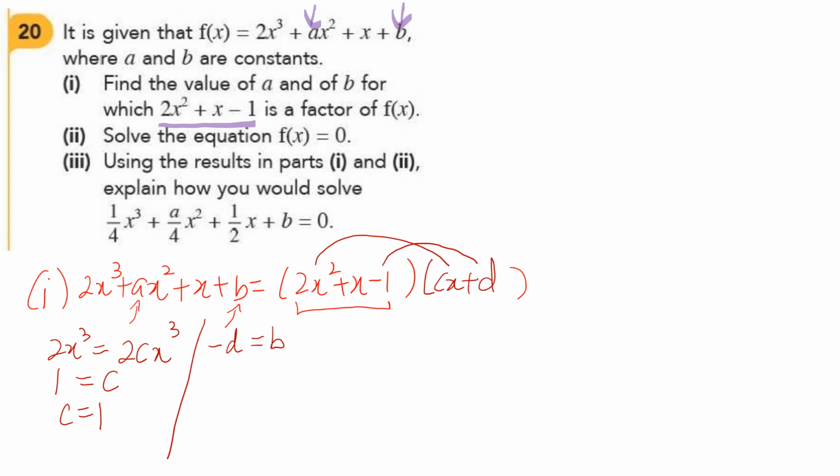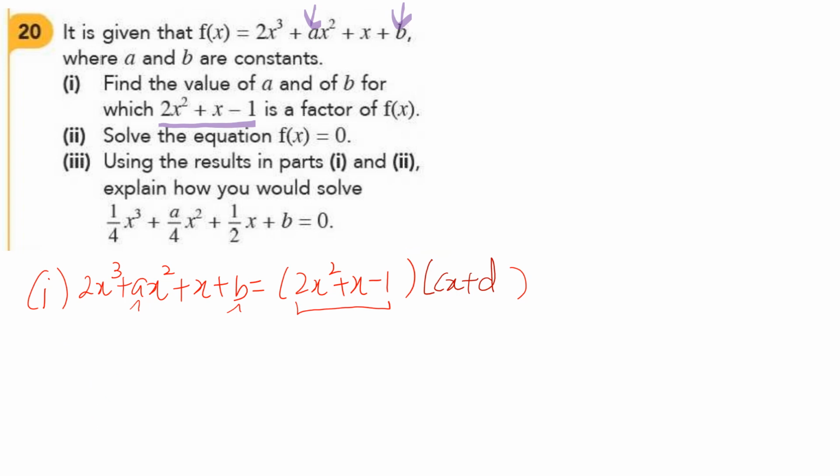Too many unknowns. So this is not a good approach. I'm giving a real demo of how some students will go about solving this and end up in a bottleneck. That's not a good approach because too many unknowns to be solved. So what I think we can do is, how about we try to factorize this one? Can we factorize it? I'm not too sure. Let's try to factorize it and see.